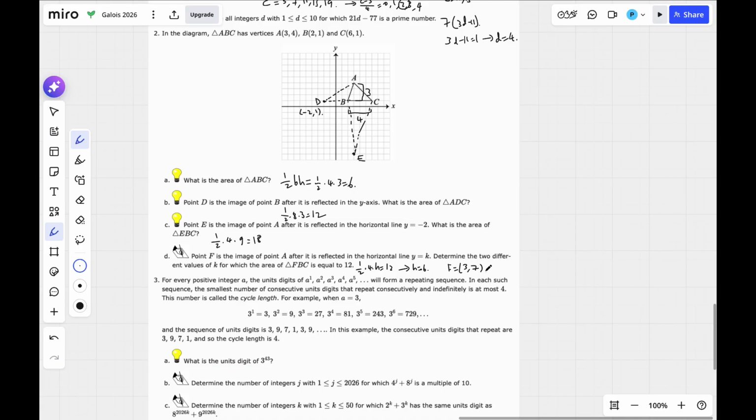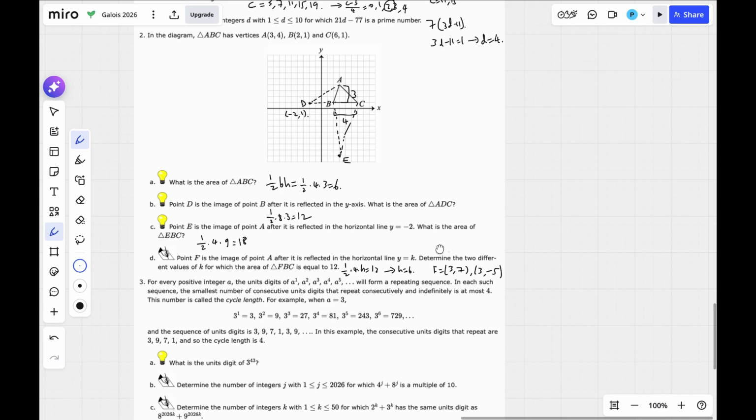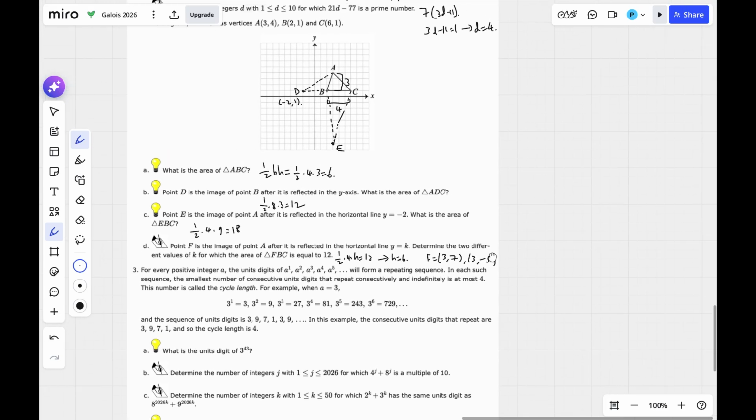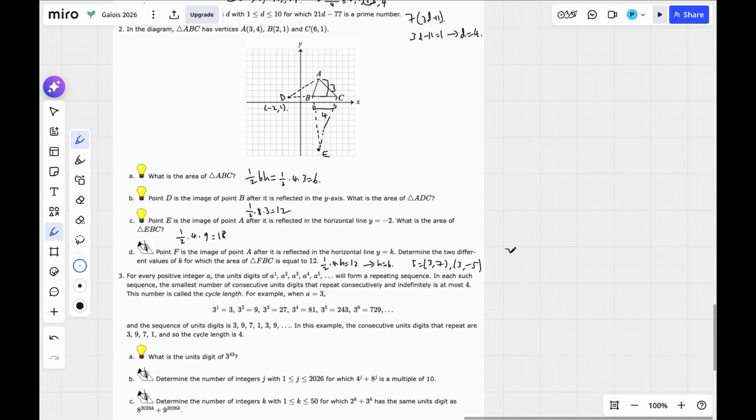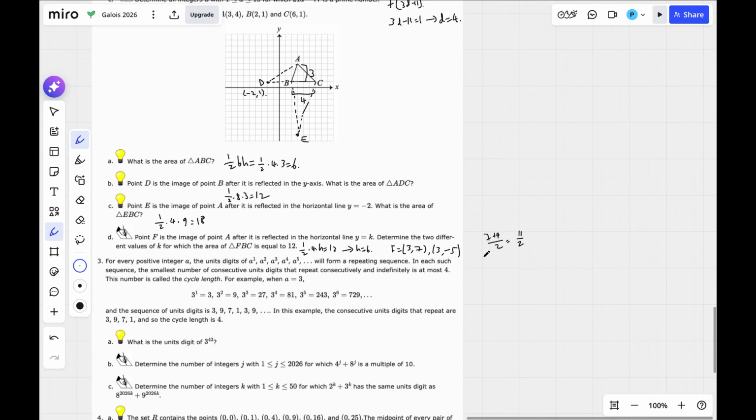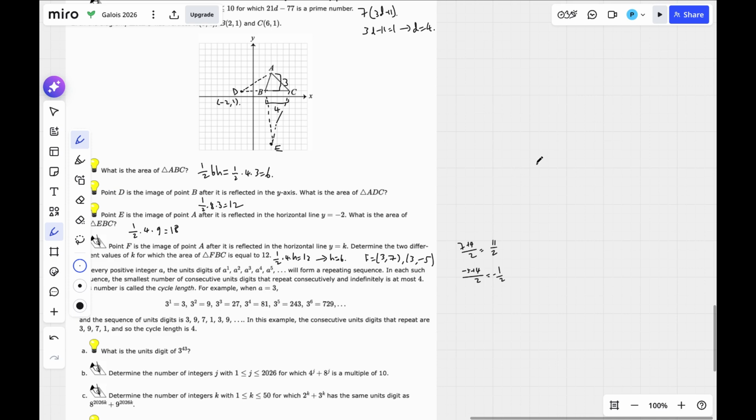This can go either up or down, so we know that F is either equal to (3, 7) or (3, -5). So now to calculate the line in which this is reflected, we can take the midpoint between A and F. So for (3, 7), the midpoint is (7 plus 4) over 2, which is 11 over 2.